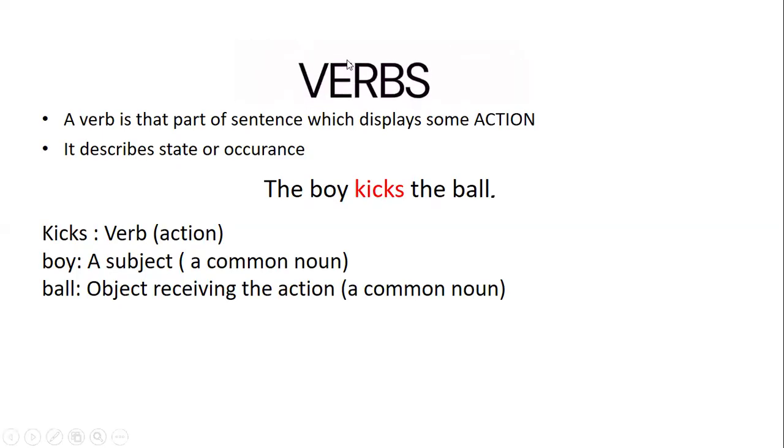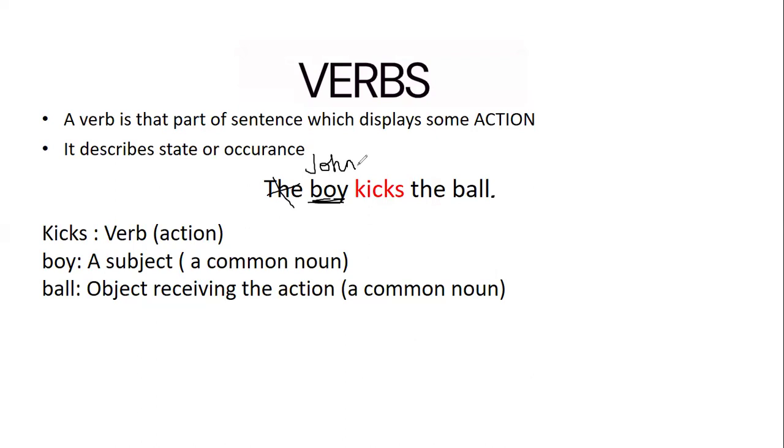The boy, subject is the naming part, and here the subject is our boy. And in the previous video on nouns and pronouns, we did a huge classification of proper noun, common noun, singular noun, plural noun. Since we are talking about boy, we don't know his name. If I had written John instead of the boy, John kicks the ball, then John is the proper noun.